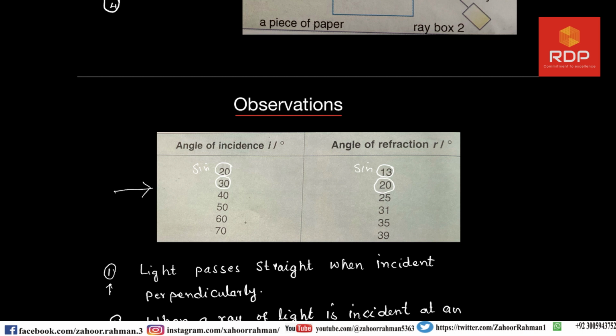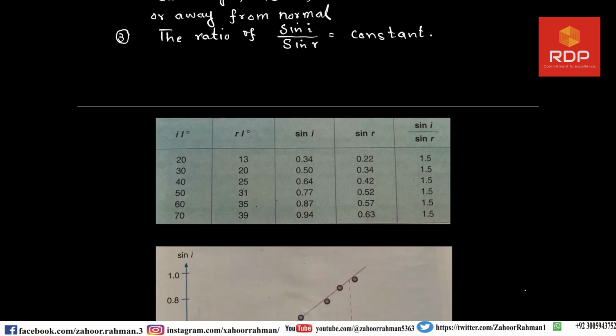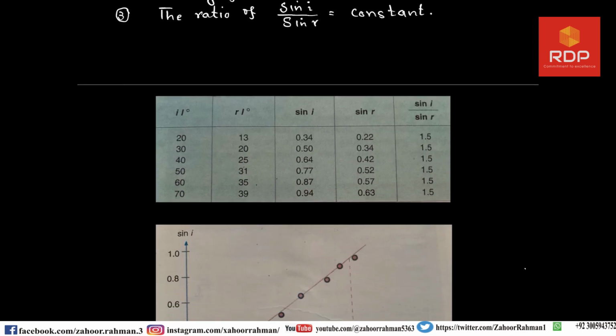It is a trigonometric ratio which is called sine, and that is the ratio of perpendicular by hypotenuse. So this is the table in which the incident angle is 20 and the refracted angle is 30.